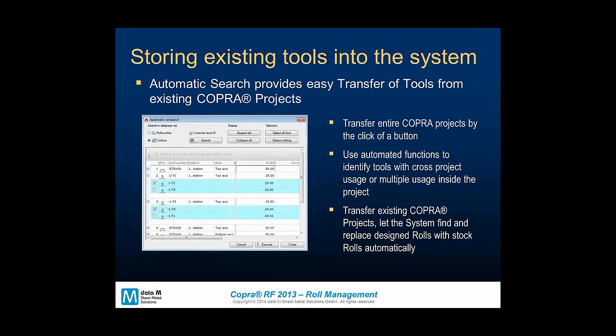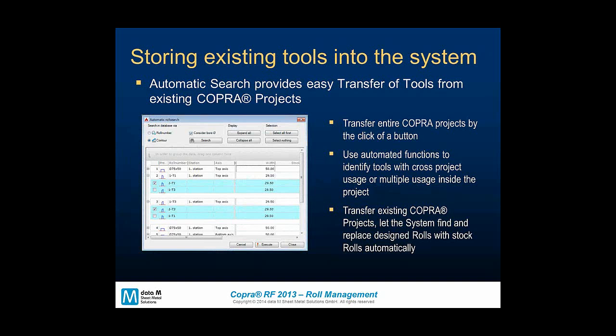Once we've stored this information into the database, we can use automatic search, as this provides a tool to easily transfer these tools from our COPRA RLM database into the existing COPRA project. And we can transfer entire COPRA projects directly at the click of a button.